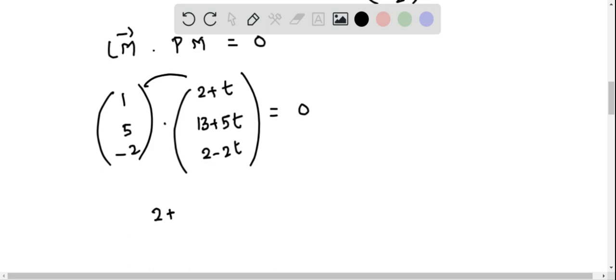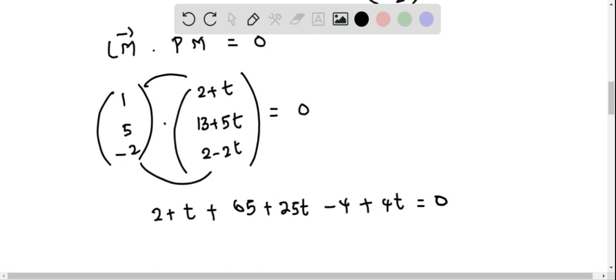So this will be 2 plus t, plus 13 times 5 is 65 plus 5t, plus 5t times 5 is 25t. Then negative 2 times negative 2 is negative 4, and negative 2 times negative 2t is positive 4t, and this equals 0.